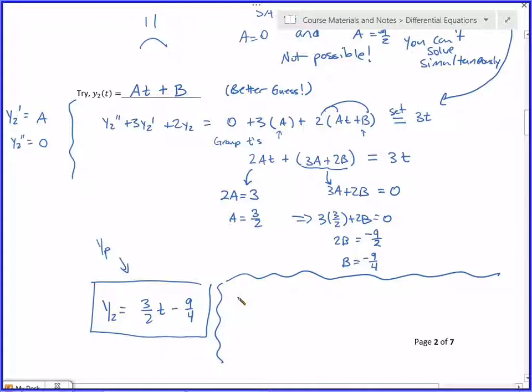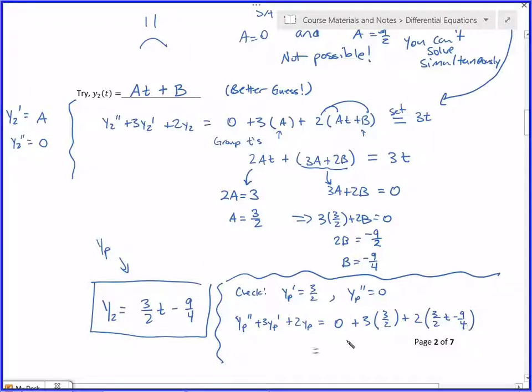If I check this, yp prime is 3/2, yp double prime is 0. If I plug that all into yp double prime plus 3 yp prime plus 2 yp, I get 0 plus 3 times 3/2 plus 2 times (3/2 t minus 9/4).